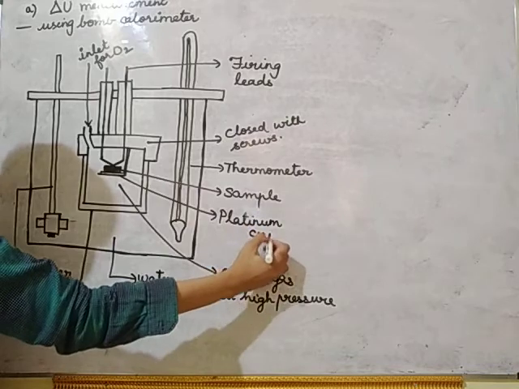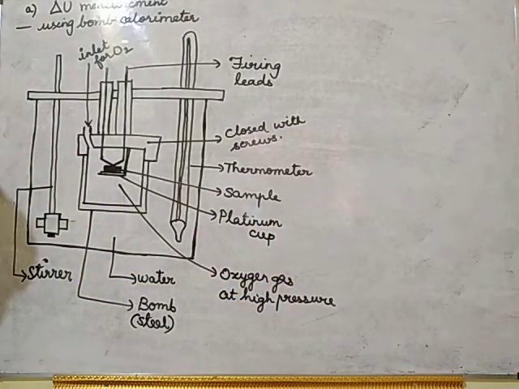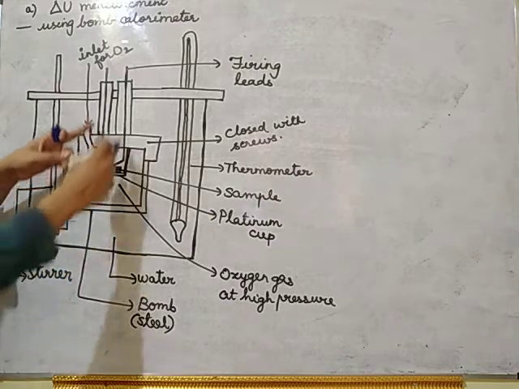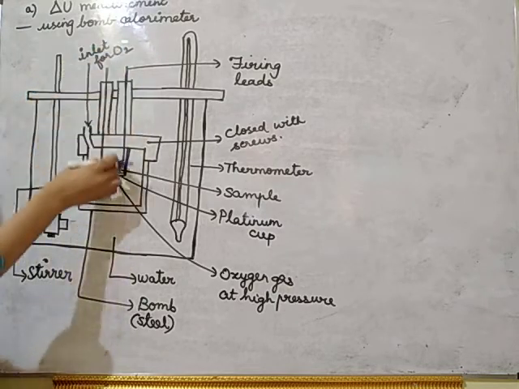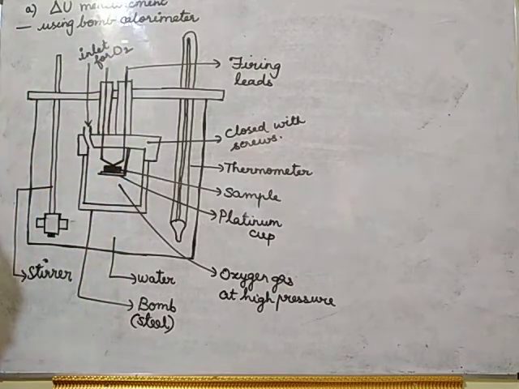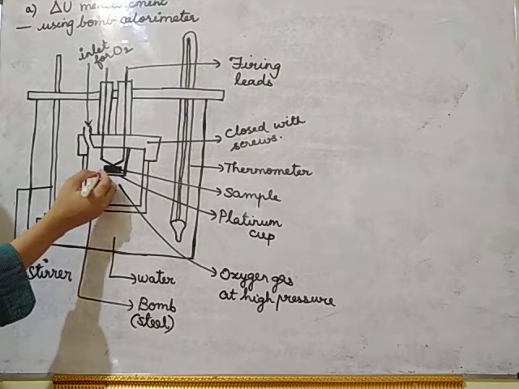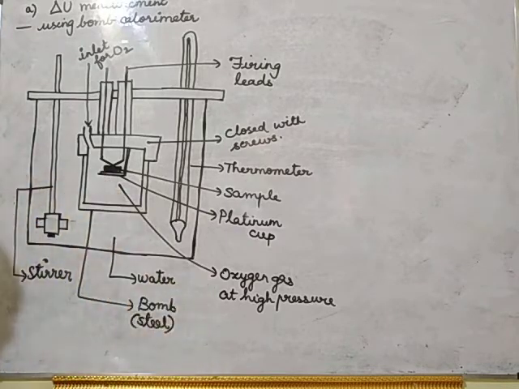So this is the platinum cup, and it is connected with the electrical wires. These wires will produce the heat. To support the combustion we have this oxygen gas. It is immersed in water. The stirrer is placed and then a thermometer is placed. So this is the construction of this bomb calorimeter.